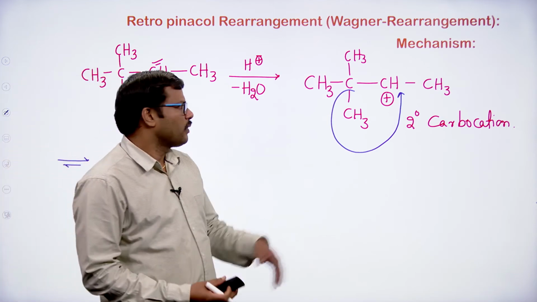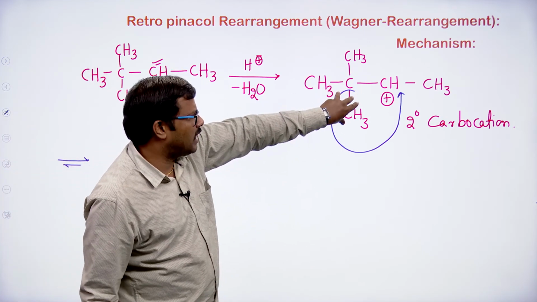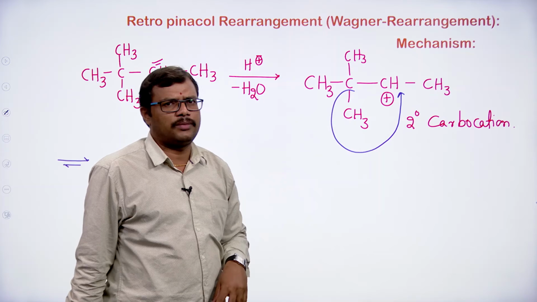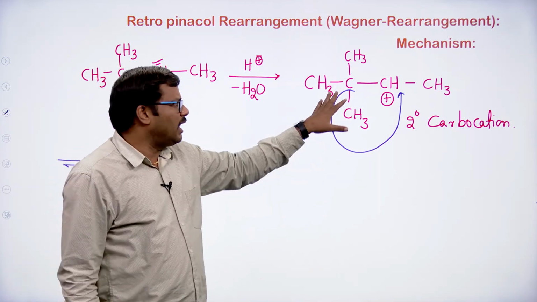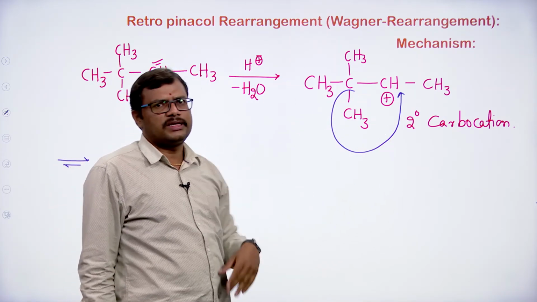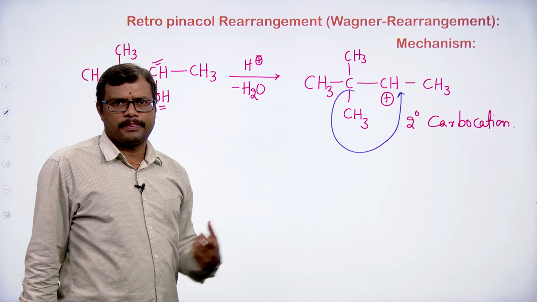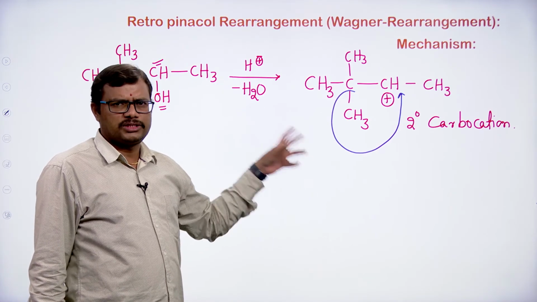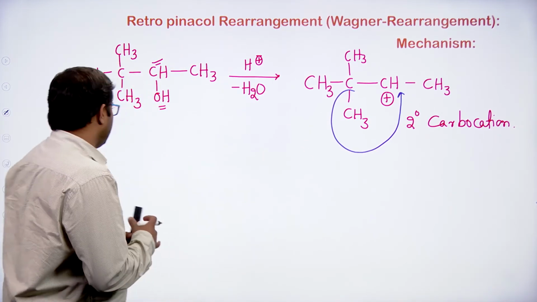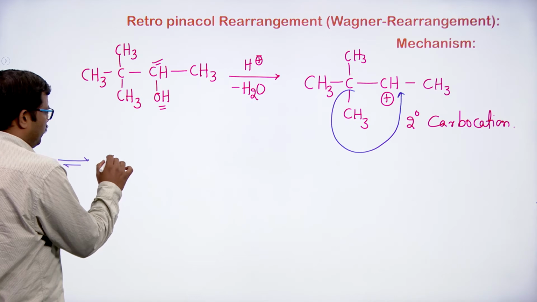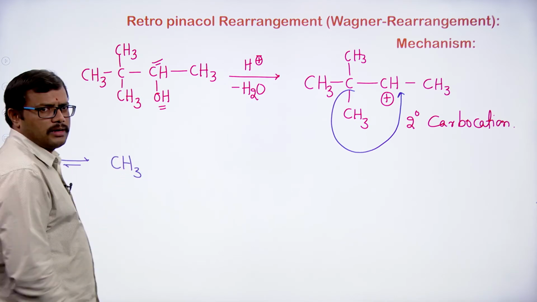The CH3 group is shifting from this carbon atom towards the other carbon atom. This is called methyl shifting, and this reaction is known as a methyl shift.